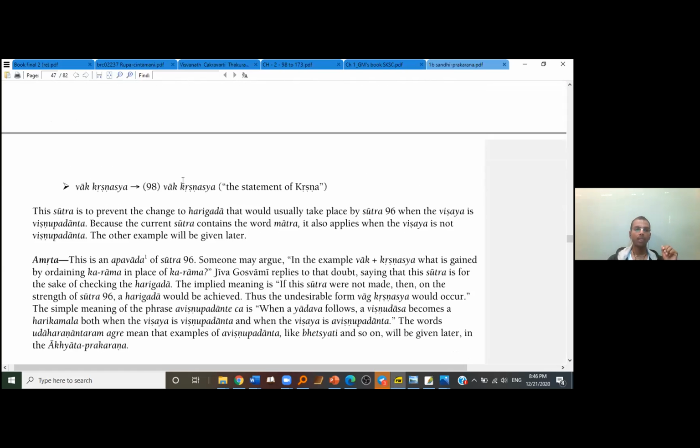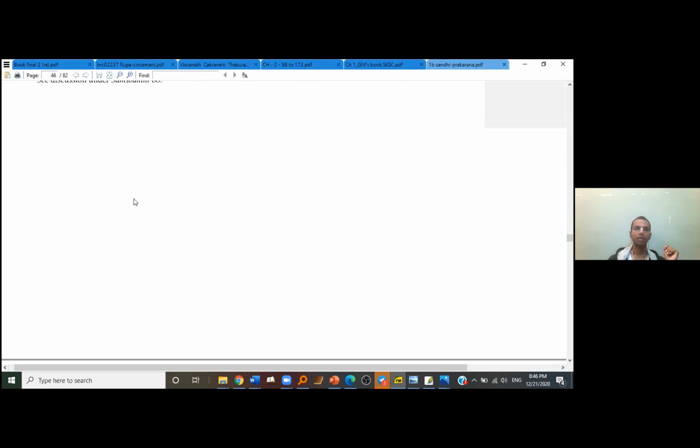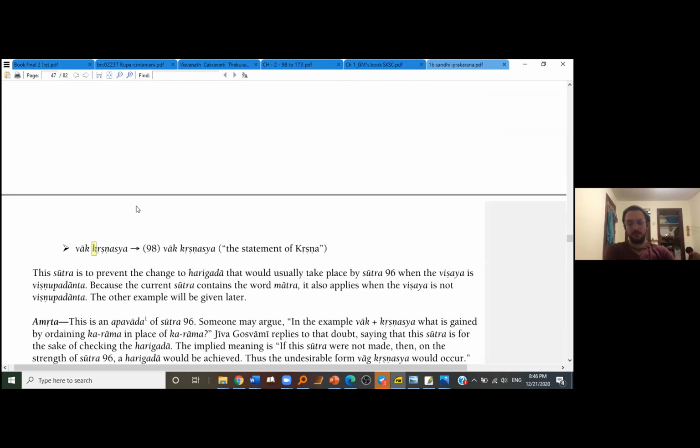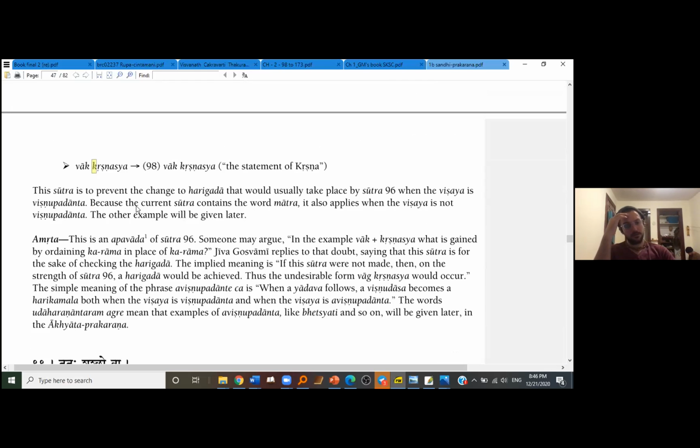So if we have a Viṣṇu-pada and we have a viṣṇu-dāso at the end, like we had in the previous two ones, but if the next word is a Yadava, what is Yadava? Yādava-āññe, other than Gopala.